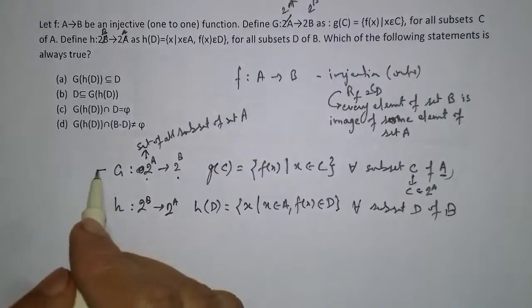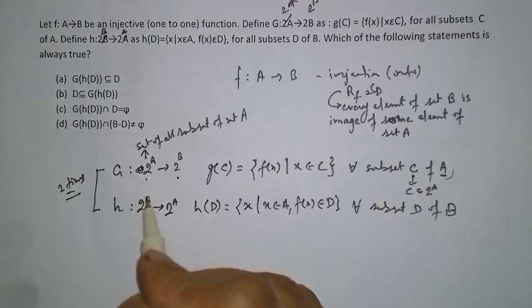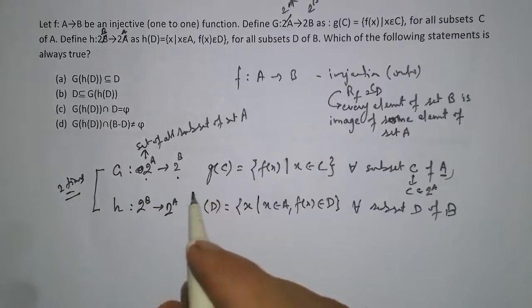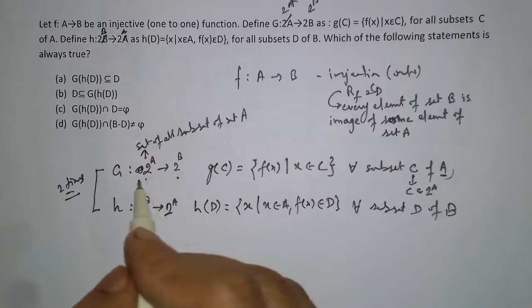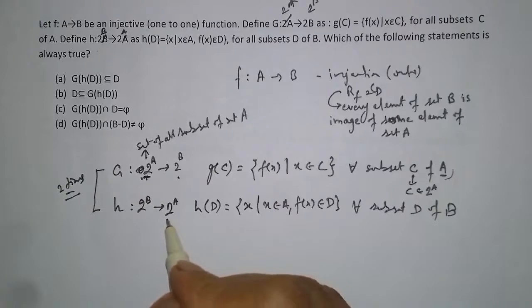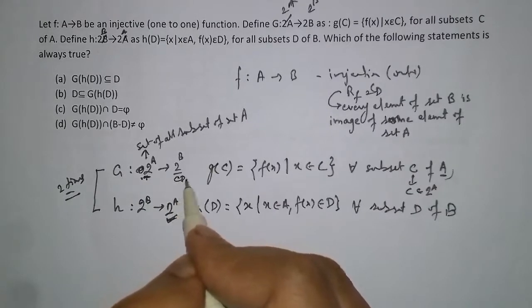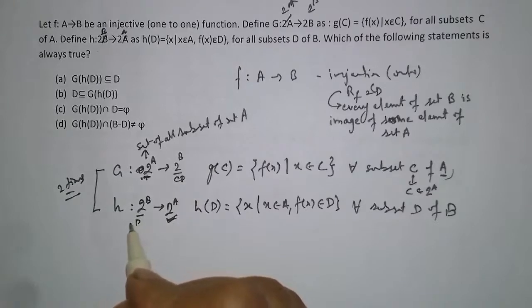If you read both the functions two times, I recommend you read loudly, you conclude that the domain of this function is used as the codomain of this function, and the codomain of this function is the domain in this function.